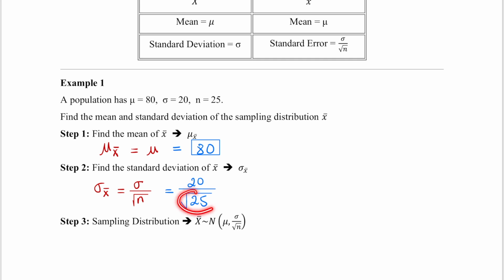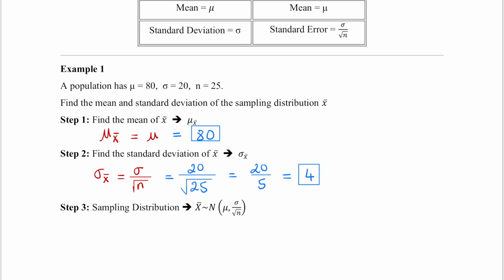And the square root of 25 is 5. So we have 20 over 5. And 20 over 5 is 4. So the standard error is 4.